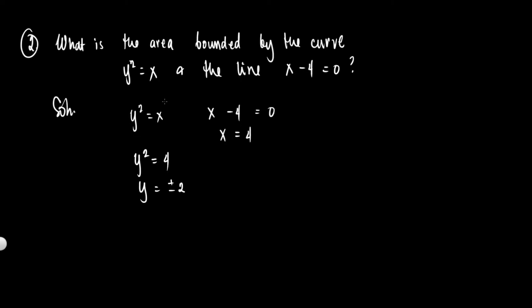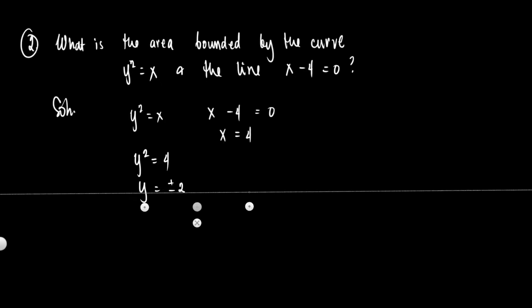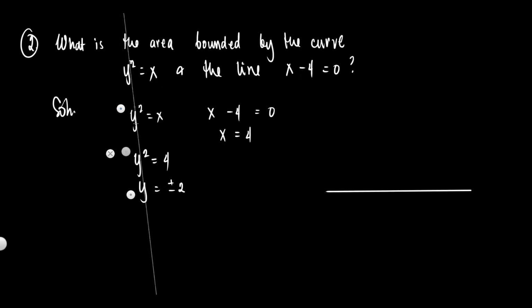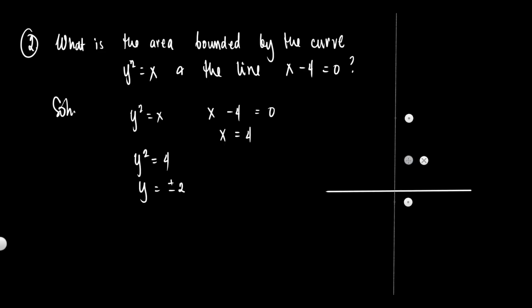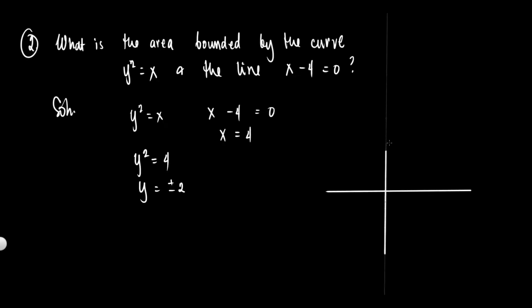Itong parabola na to is opening positive x, correct? Yes. So, drawing lang tayo ng ating graph ng ating parabola and the line. Saan yung ating vertex? Vertex is at 0, 0.